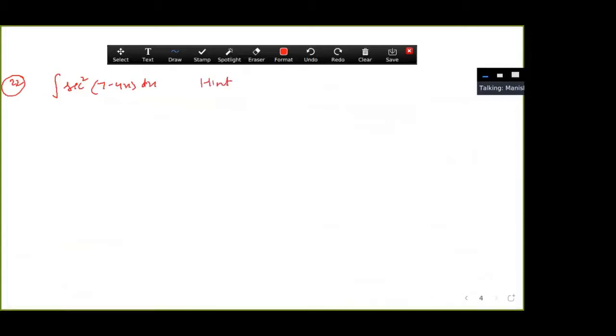The hint I am giving is to put 7 minus 4x equal to t, and you get minus 4 dx is equal to dt. Now the value of dx is dt by 4, or you can say minus dt by 4. Now you can do the question. Now proceed with this question.